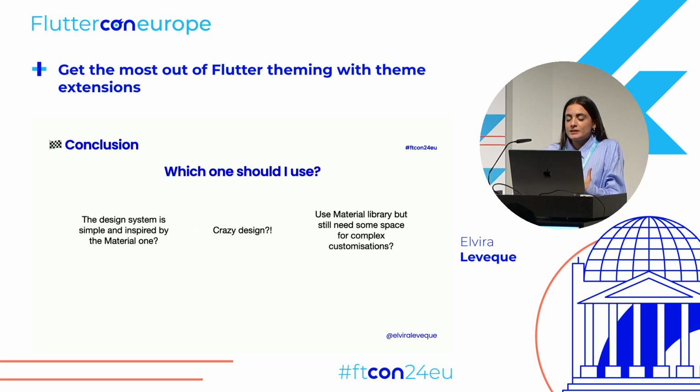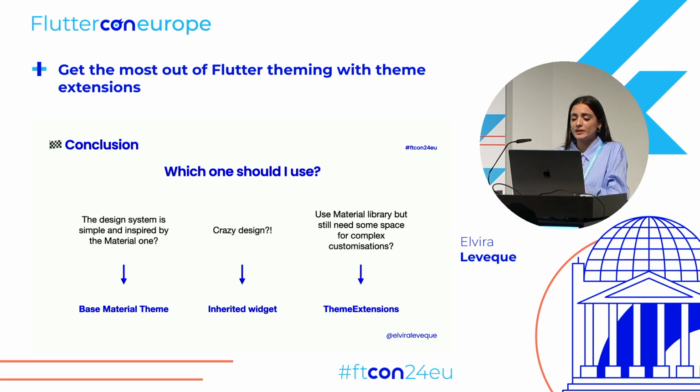So first, is the design system of my app maybe simple and also kind of inspired by the material one? Then it's really easy. You just go with the base material theme. You don't really need any customization. Then if your app is instead highly customized and maybe even a bit crazy, the best approach would be to go for an inherited widget, because that's the one that gives you the most freedom.